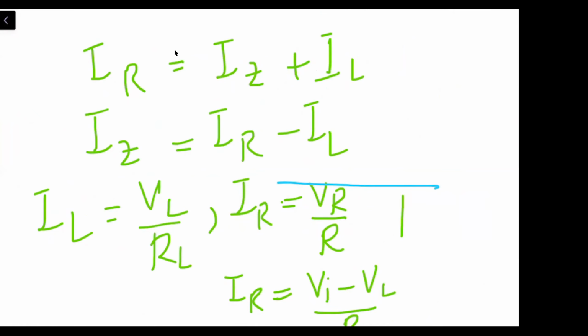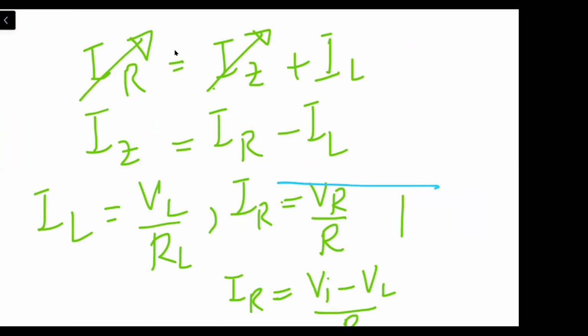The current IR will also increase, right? When the current IR increases, where will the increase of this current take place? IZ, at the zener diode. IZ will increase, and once IZ increases, VL and VZ will remain constant, right?